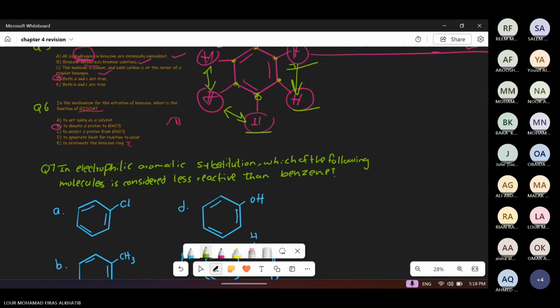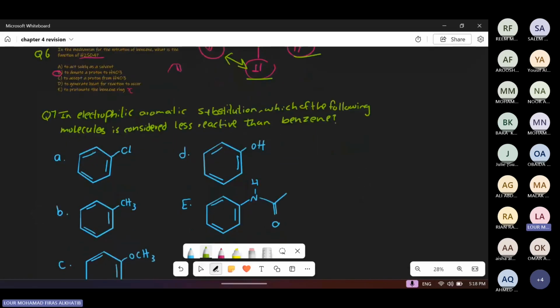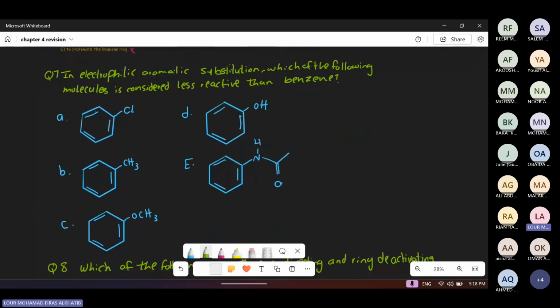Do you guys want me to go over the mechanism, or do you know it? Okay, so I'm going to take it as no, you guys know it. So let's move on to the next question. In electrophilic aromatic substitution, which of the following molecules is considered less reactive than benzene?